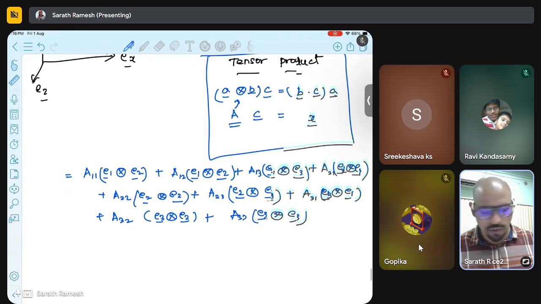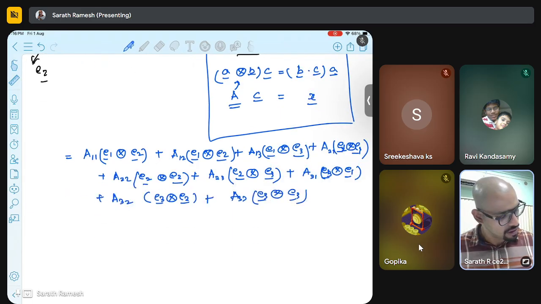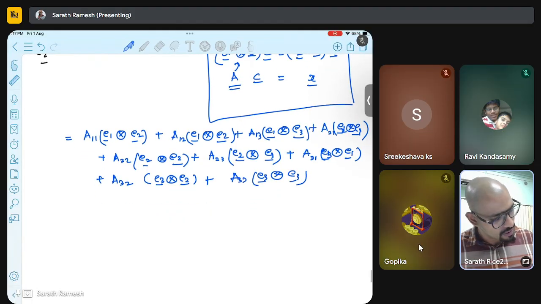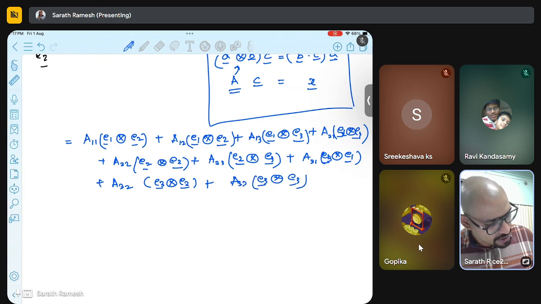So what is E1 tensor product E2? If E1, E2, E3 are the same as EX, EY, EZ, they are orthonormal basis vectors. Here A11, A12, A13 are the components of the second order tensor.